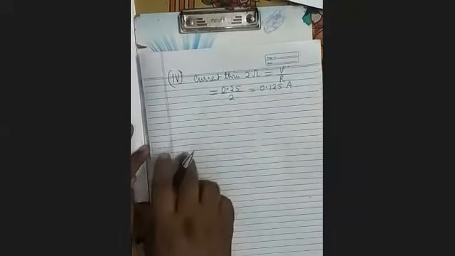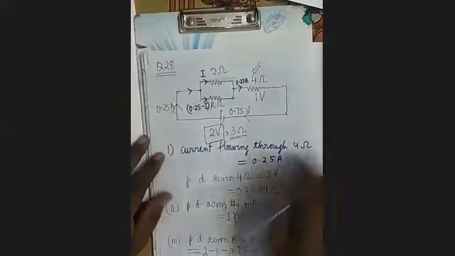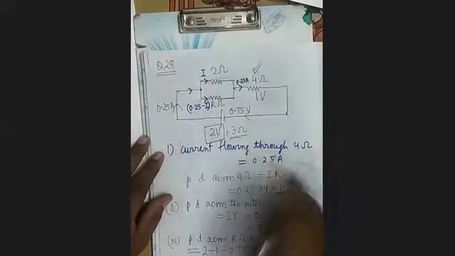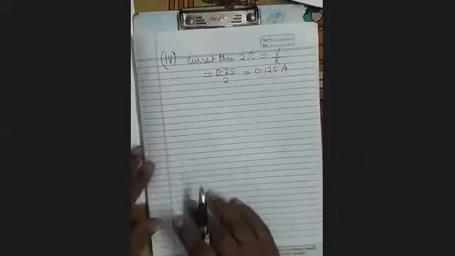This is the current through 2 ohm. So what will be the current through this, minus I? It's clear.